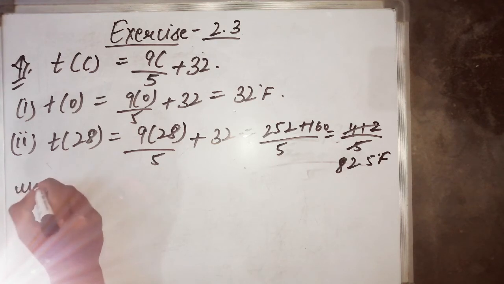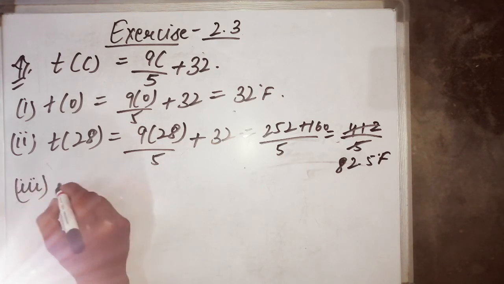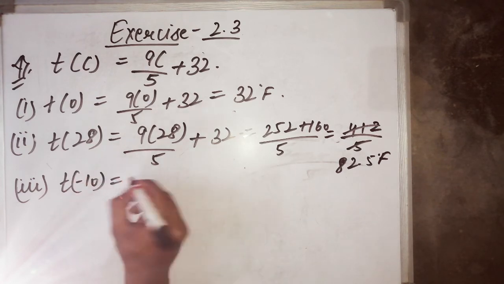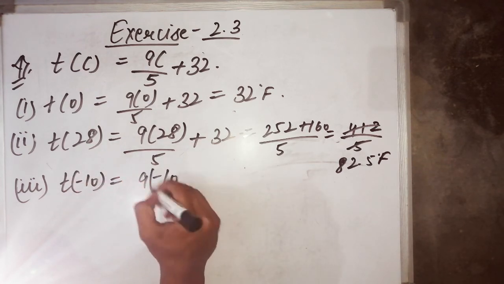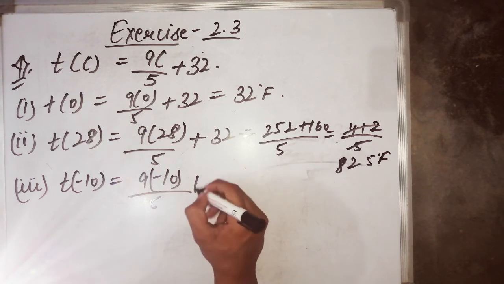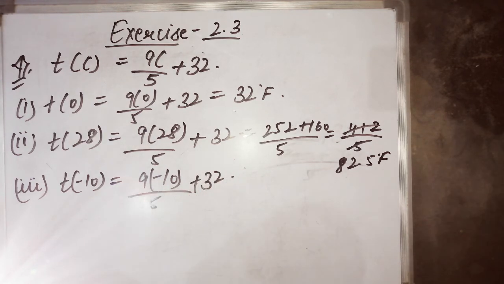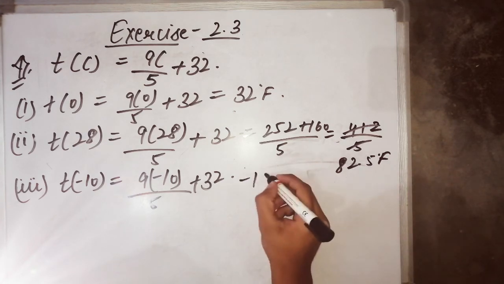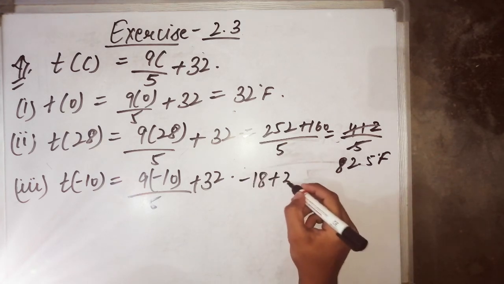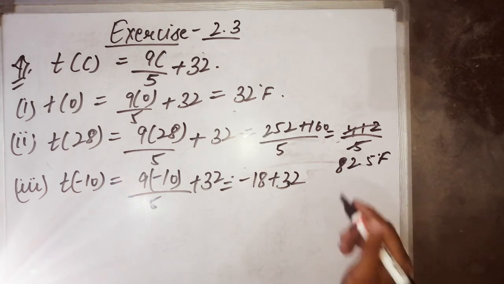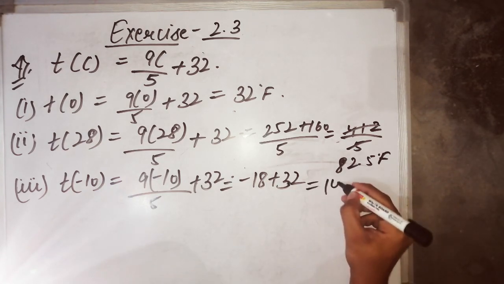And the third one is T(-10). 9 times -10 is -90, by 5 we have -18, plus 32, which will give us 14 degrees Fahrenheit.